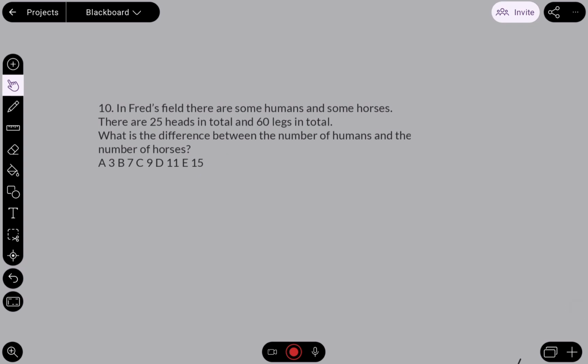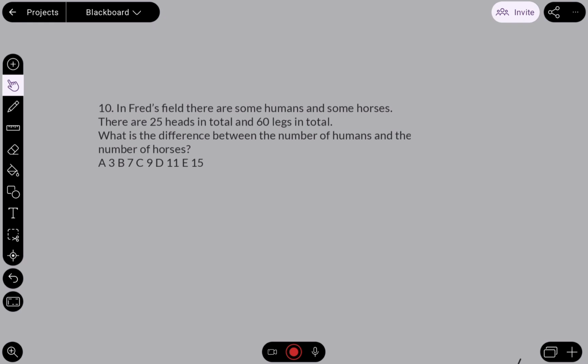And a horse also has 1 head. Pretty much every animal has 1 head. Actually, I think all animals have 1 head. So because there are 25 heads, there are 25 creatures.